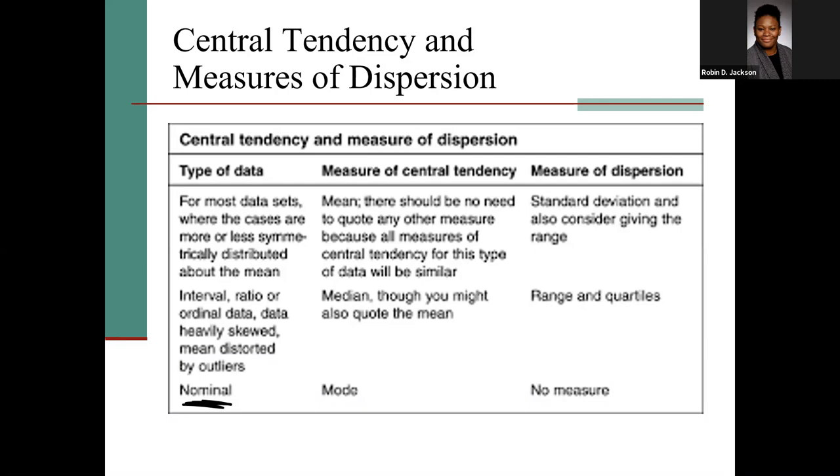Because those nominal items don't have a numerical value, we can't use range, we can't use quartiles, and we can't use standard deviation. So we end up using mode. And then as you move upward, depending on whatever's going on with the data, it gives you an idea of the measure of central tendency and the measure of dispersion that you need to use.